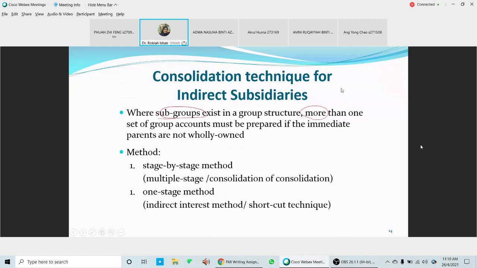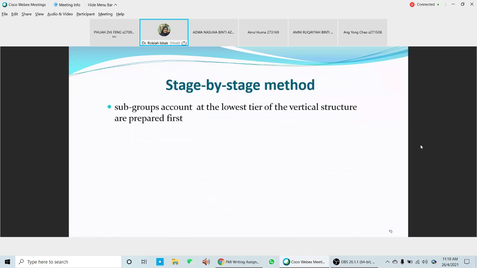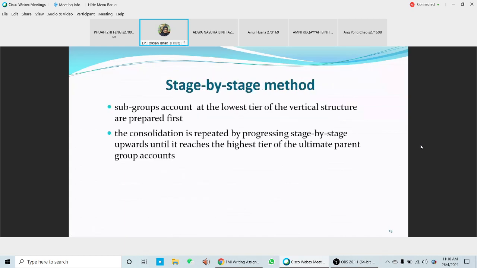Okay. So we're going to look at the first one, the stage by stage method. For the stage by stage method here, the subgroup accounts at the lowest tier are consolidated first. For example, we have P, A and B, so A and B is considered the lowest. We're going to start with this one first. Once you prepare one consolidated financial statement, after that we prepare another consolidated financial statement.